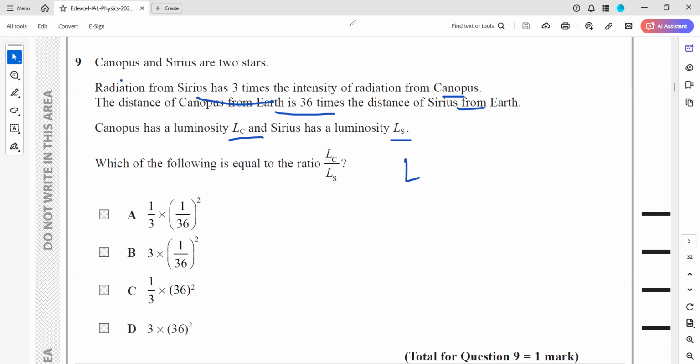So we have radiation intensity, or flux. Flux is power per unit area, so it will be over 4 pi d square. So this is the flux we are receiving on Earth.